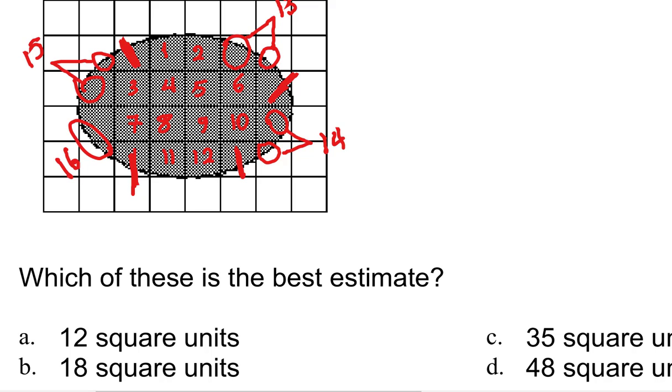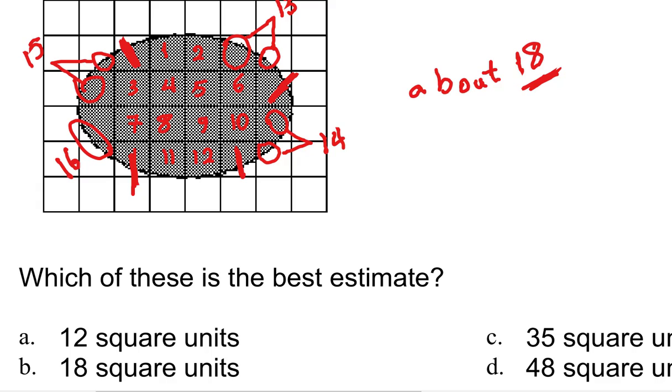So it will be 17, 18. So it's not 18, it's about 18 square units. Because as you can see, I have 4 left, and all of them is more than half.